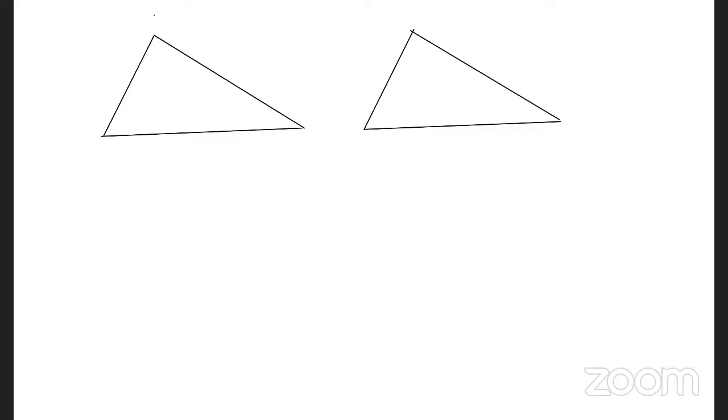Now, let's name this PQR and this STU. This is 60 degree. This is 30 degree. And this is 4 centimeter. This is 60 degree.